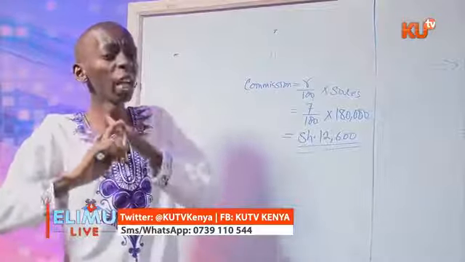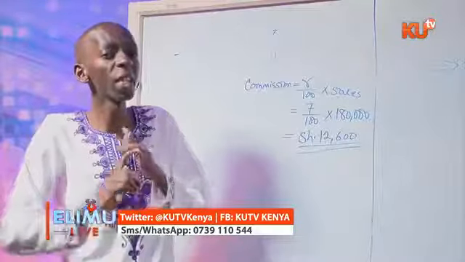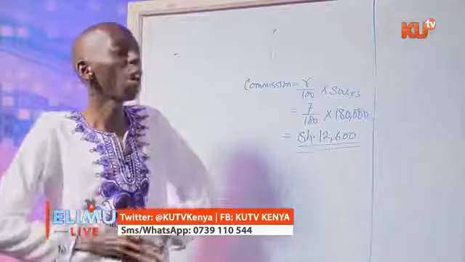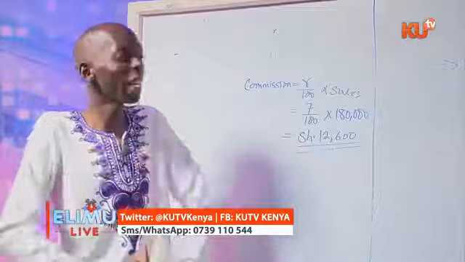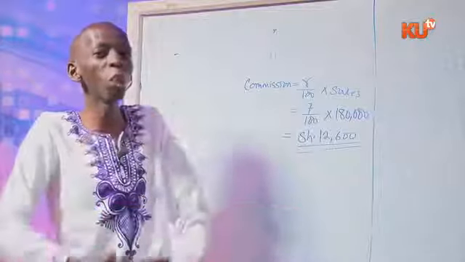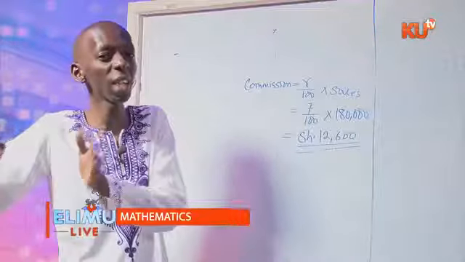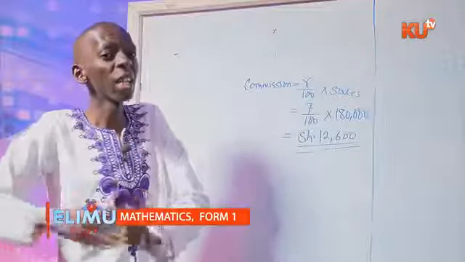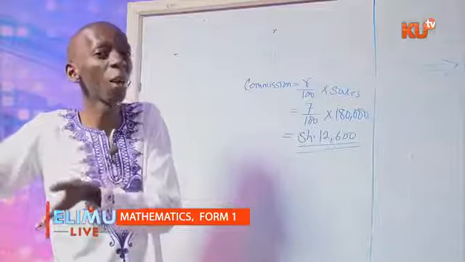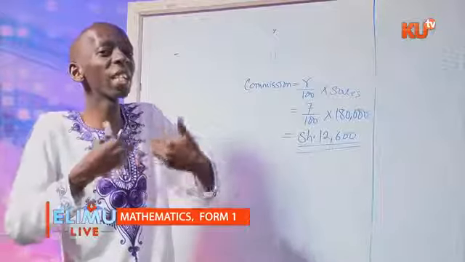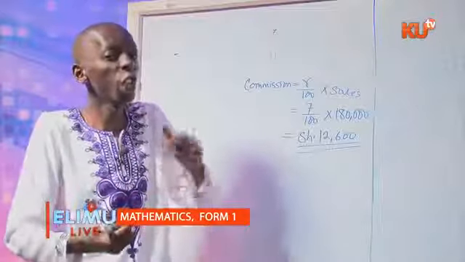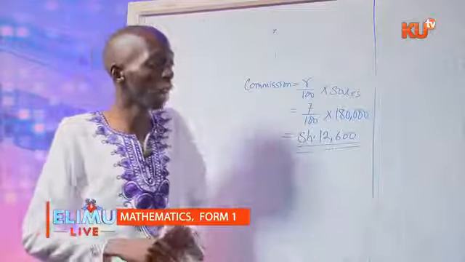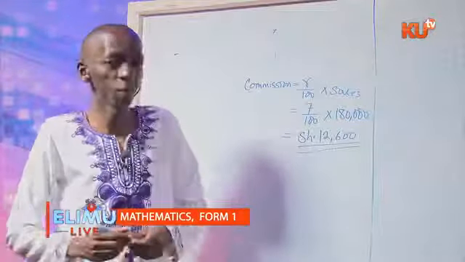We've learned how to get the total earnings: it's the basic salary plus the commission. We've learned what to do when you are told that he is given a commission for sales above a certain amount of money: you take the total sales, subtract that amount, then you get the sales from which he gets the commission. I hope you've understood that example.